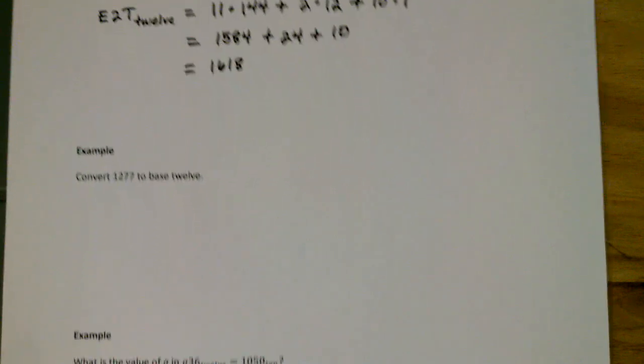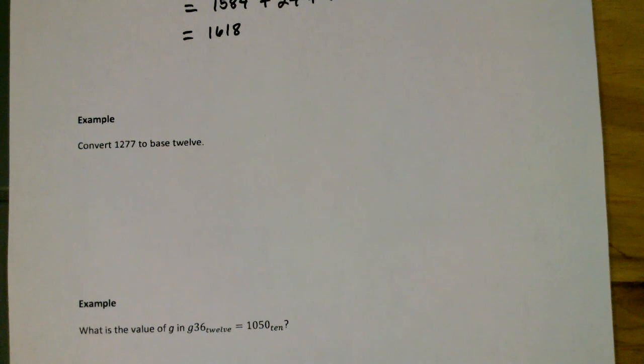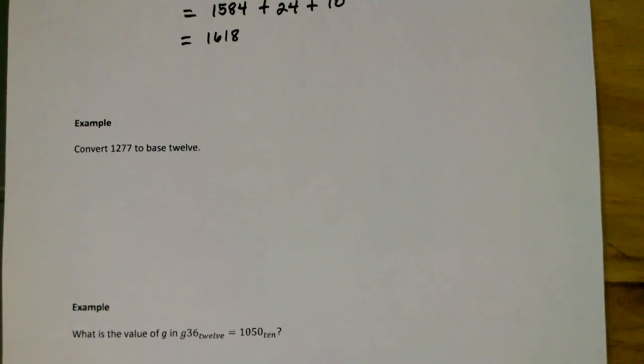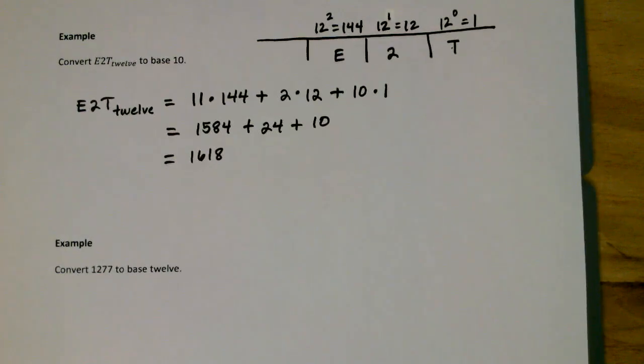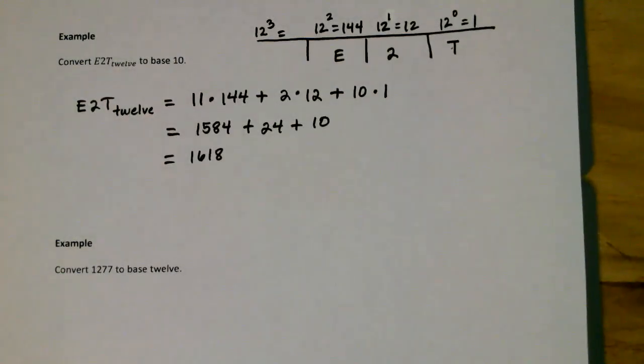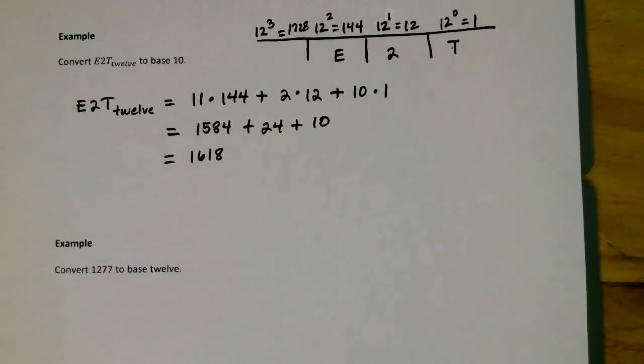Now, let's say we want to convert 1277 to base 12. Let me go back up here. If I do 12 to the third, that's 12 times 12 times 12, which is 1728, bigger than 1277.